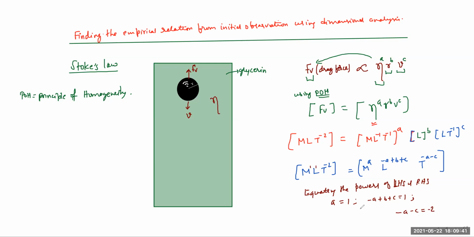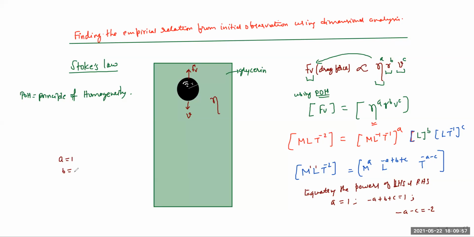Because I know a, I can substitute in the last equation to get c, and I can substitute back in the middle equation to get b. Can you guys tell me a, b, and c values? Sir, a is 1, b is minus 1, c is minus 1.